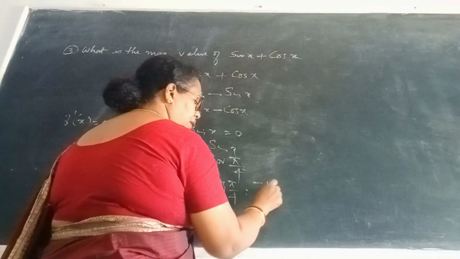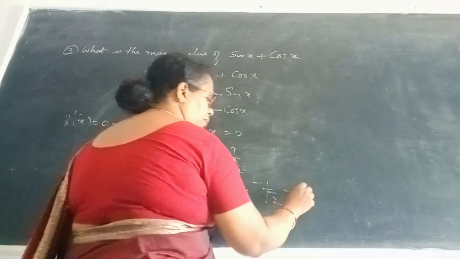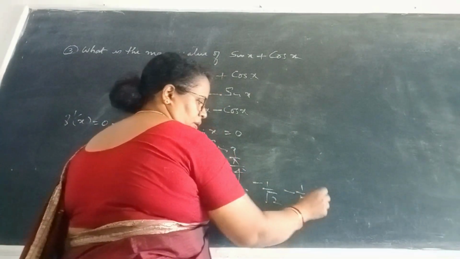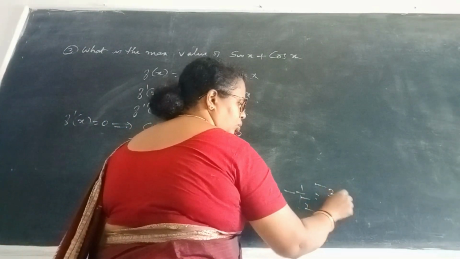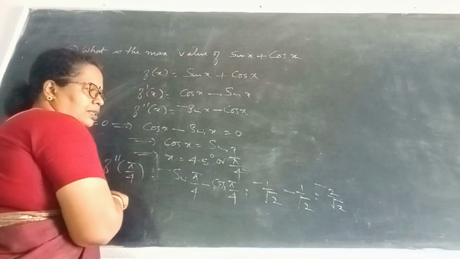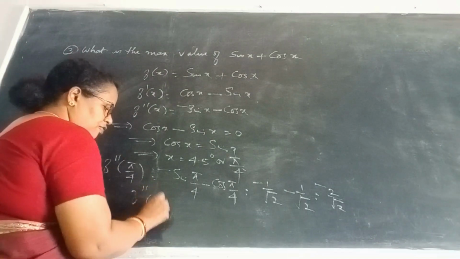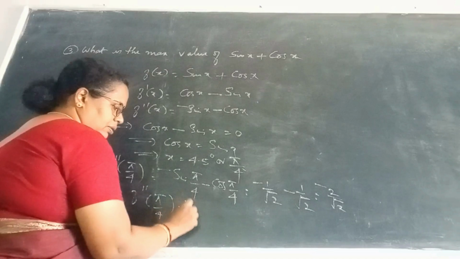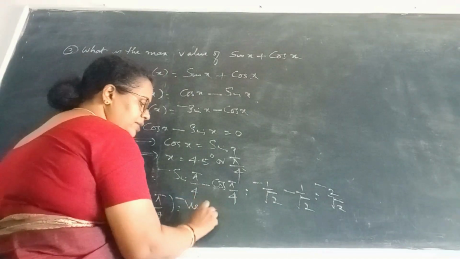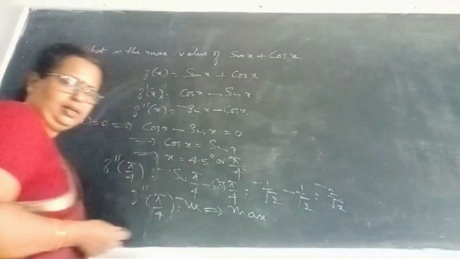Negative 1 by root 2 minus cos pi by 4, which is also 1 by root 2. What is it? Negative 2 by root 2. So we are getting negative. Negative means f2 dash of pi by 4 is negative. It implies it is a maximum value.